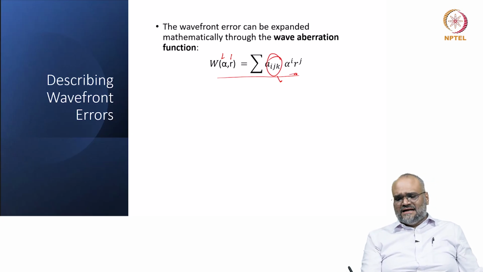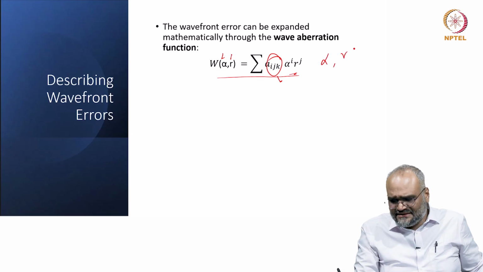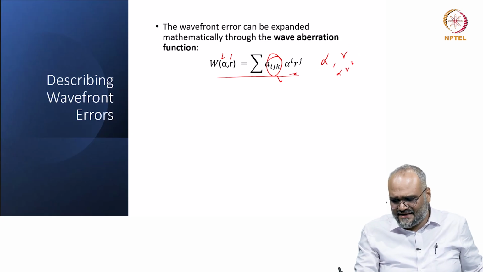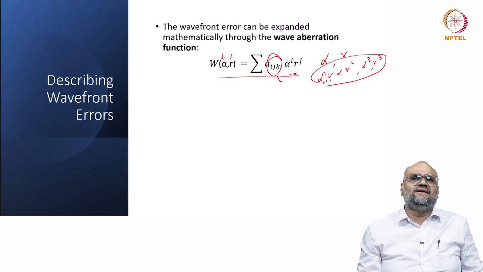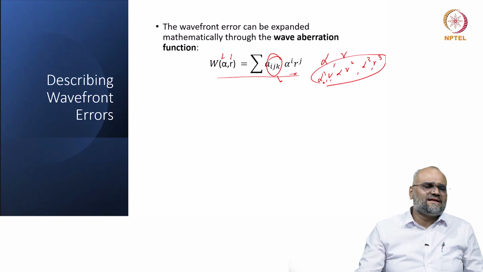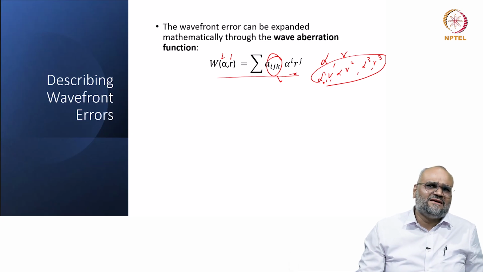In terms of the scattering angle alpha and the radial separation r, you can have terms such as alpha r square, alpha cube, r cube, or alpha square r. All these together constitute the basic aberrations in optical lenses, which are also described as the Seidel aberrations.